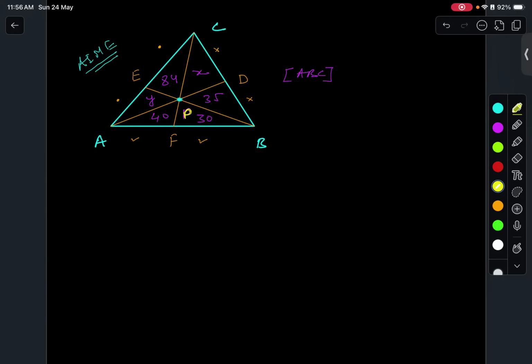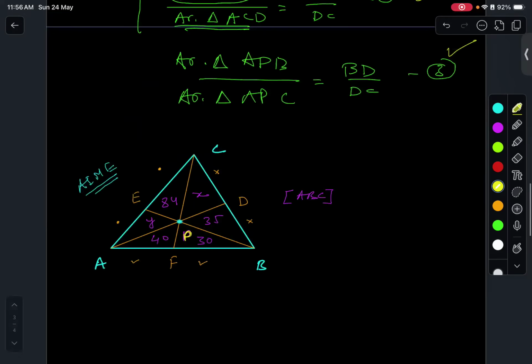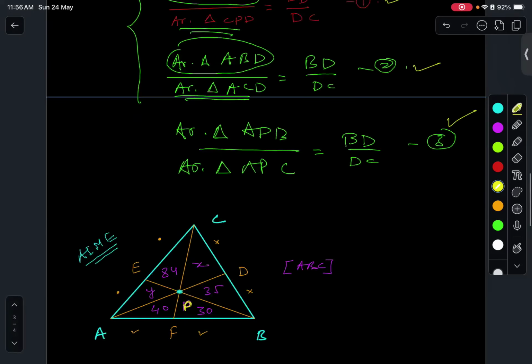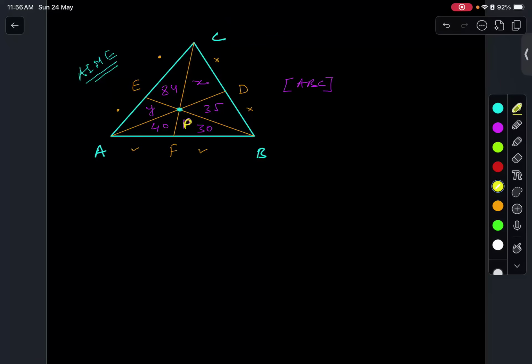Yes, you have to use the fundamental what we have done in this. So let's start. The first thing we can say is that the bases are same in this, so we can stick with that.